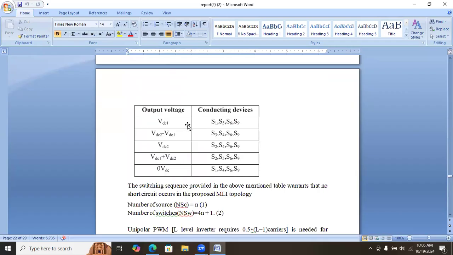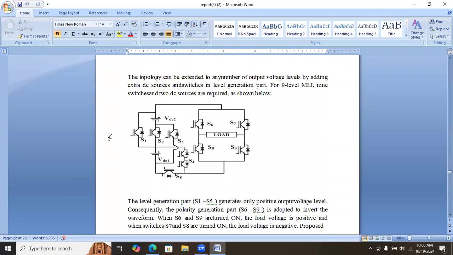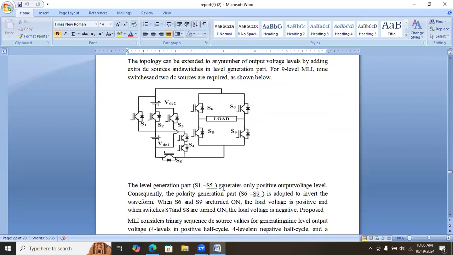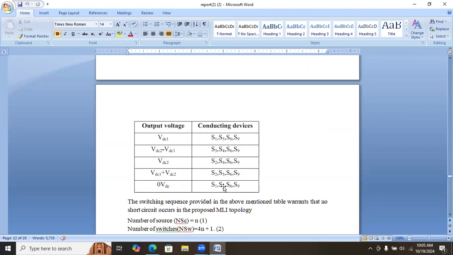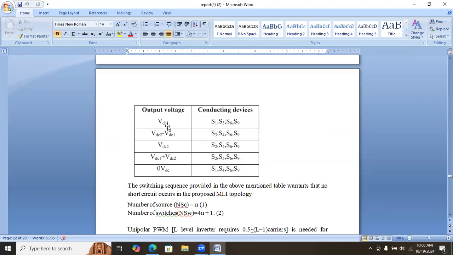Here is the switching table for that multi-level inverter. This is the multi-level inverter topology. It consists of 10 switches, 6 switches for generating the levels and 4 switches for providing the inverter operation. And these are the conduction devices. There is the switching pattern for the multi-level output.